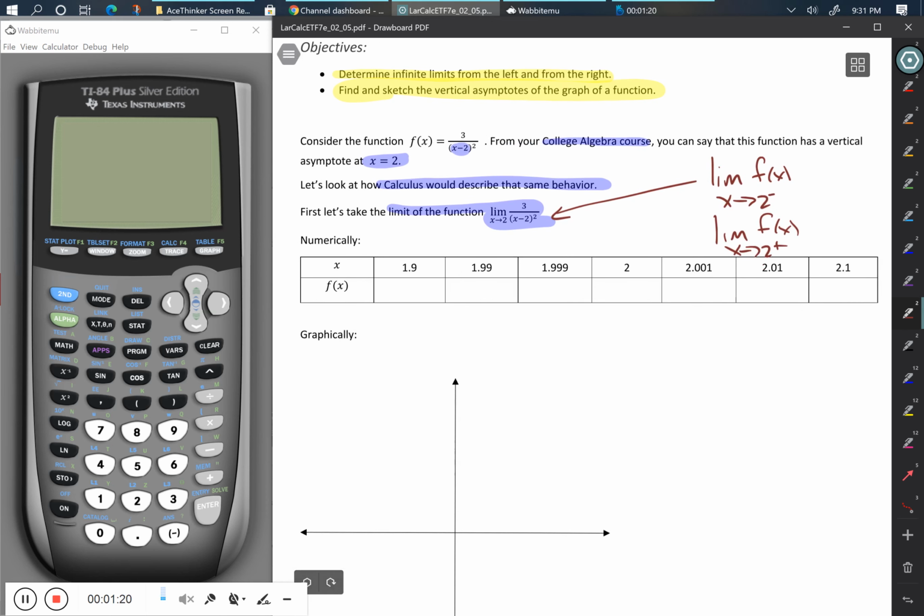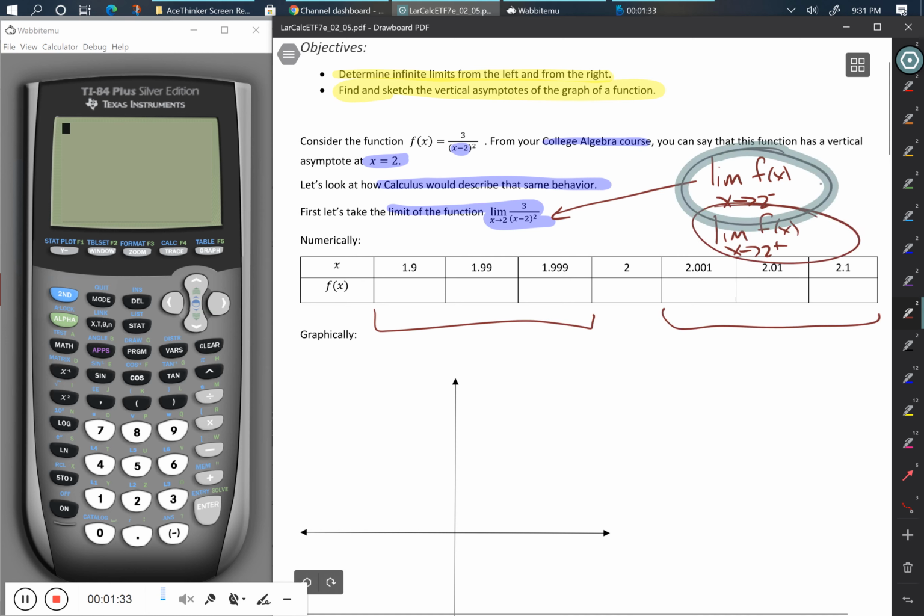And if we think back, numerically analyzing this from the left is that left-hand limit, and this right here is that right-hand limit. So we're going to find those one-sided limits to take a look at the limit of this function.